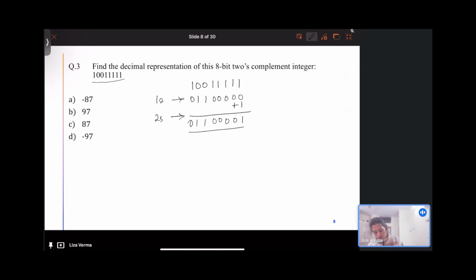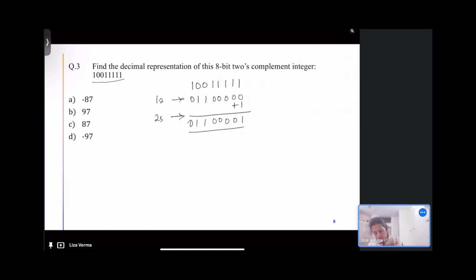So what does this equate to? 1 2 4 8 16 32 and 64. So 32 plus 64 plus 1 gives us 97, right?